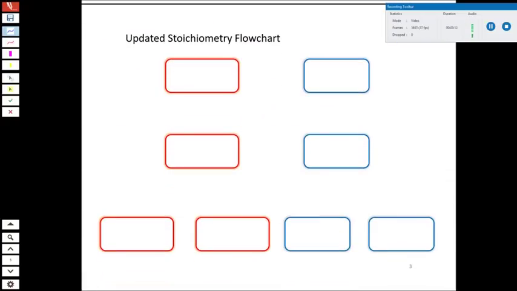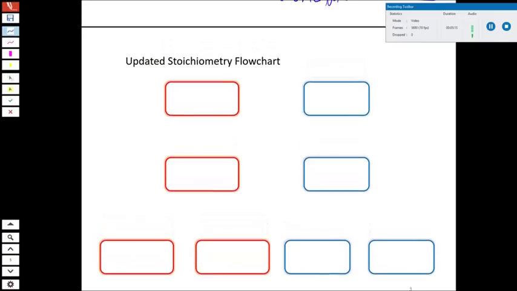So we sort of introduced this in chapter 5, where we have, let's say, two different species A and B, which are involved in a chemical reaction. They can be either a reactant and a product, or two reactants, two products, really any combination of two species in a chemical reaction.